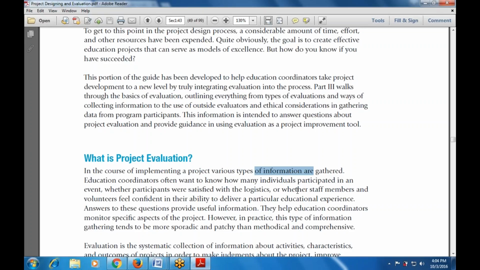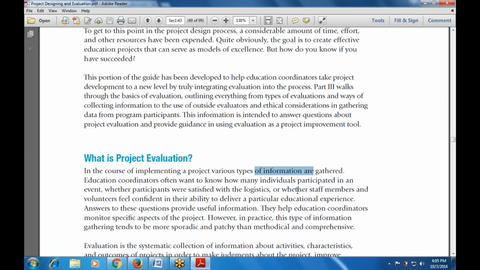Education coordinators often want to know how many individuals participated in an event, whether participants were satisfied with the logistics, or whether staff members and volunteers feel confident in their ability to deliver a particular educational experience.